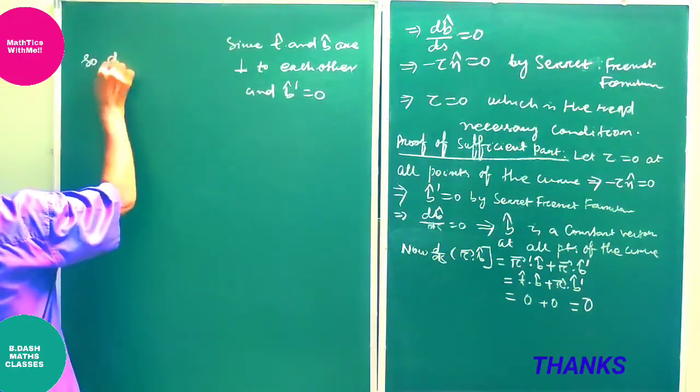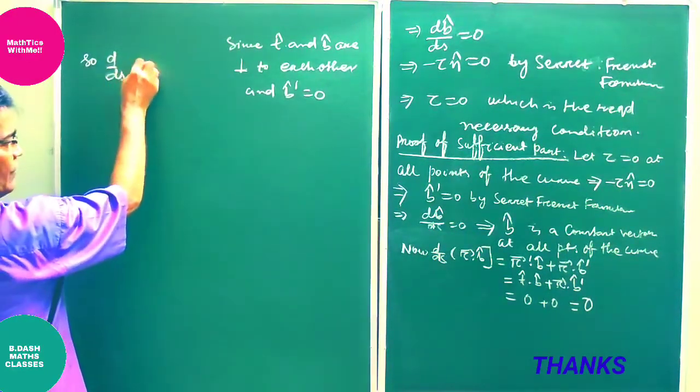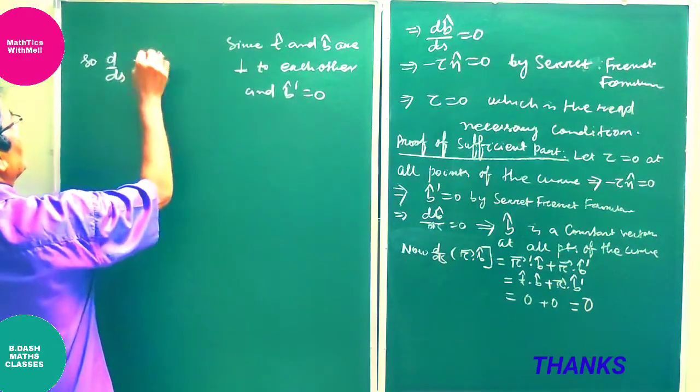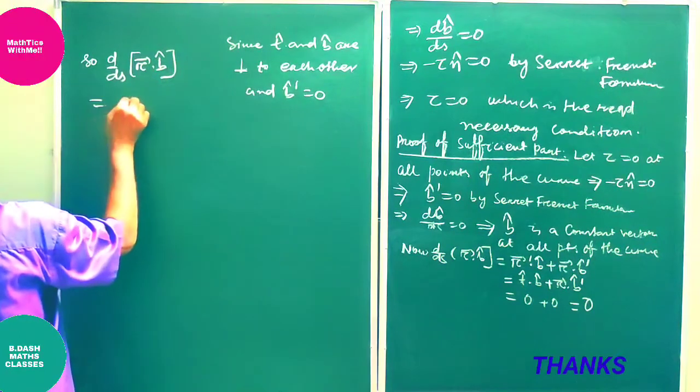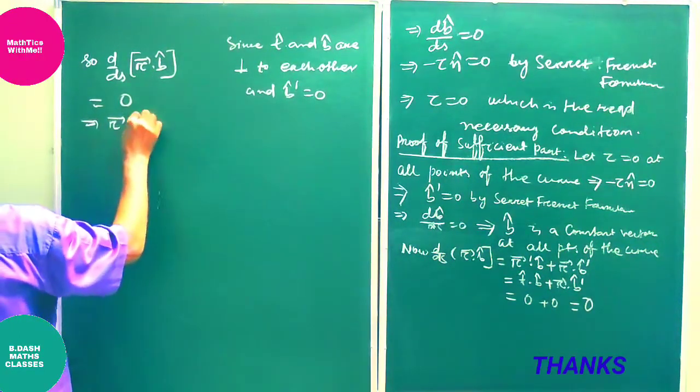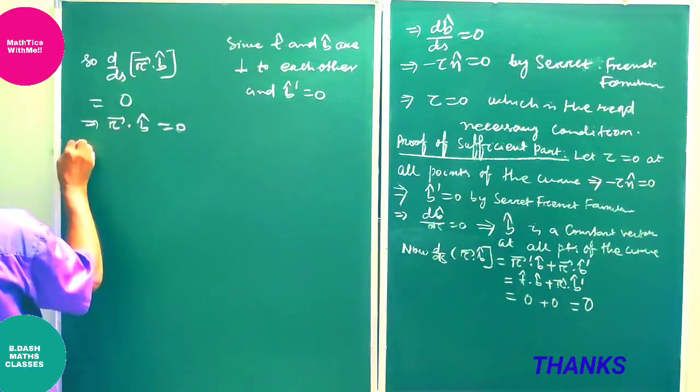So d by ds of r dot b cap is equal to 0. This implies r dot b cap is equal to constant.